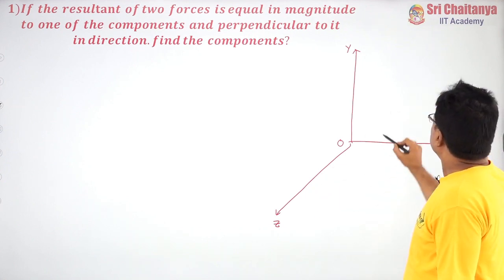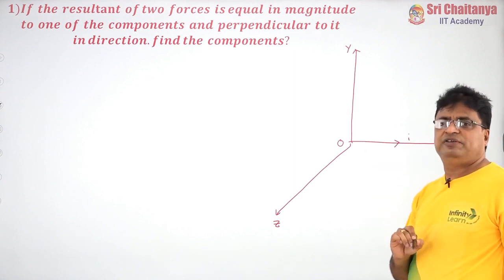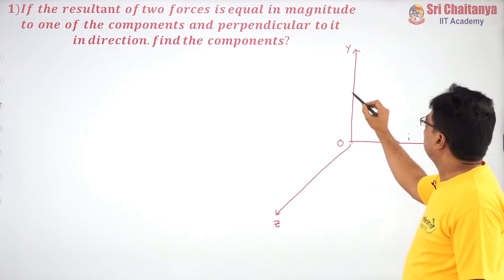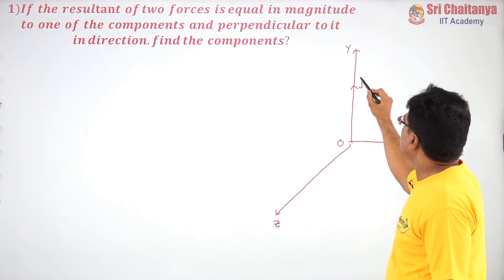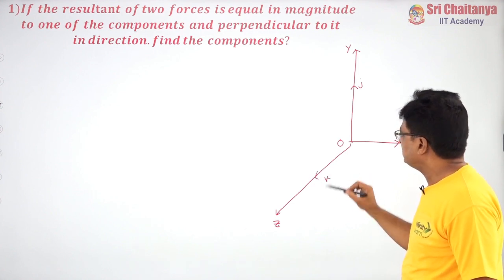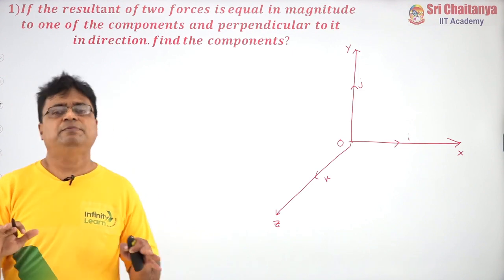Of course along the x axis in general the unit vector is i, and reverse to it there is minus i. Along the y axis the unit vector is j, and along the z axis the unit vector is k. These are all the standard inputs.